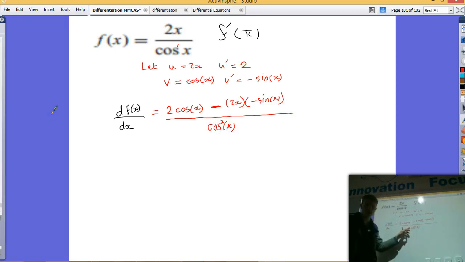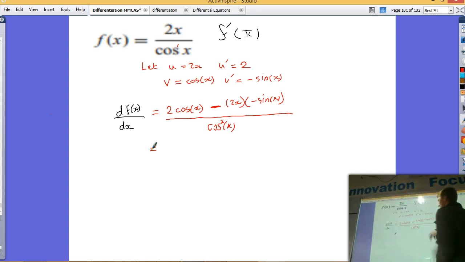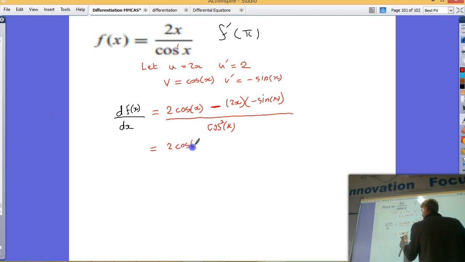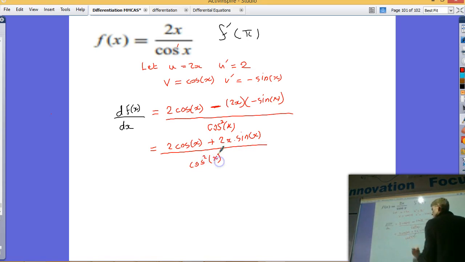Oh, well, this is an interesting part. I've got 1 over cos squared term popping up again. So that, remember from the previous question, is equivalent to a sec squared. Let's simplify the top. I will have now 2 cos x plus, subtracting a negative becomes an addition, 2x times sine of x over cos squared x.